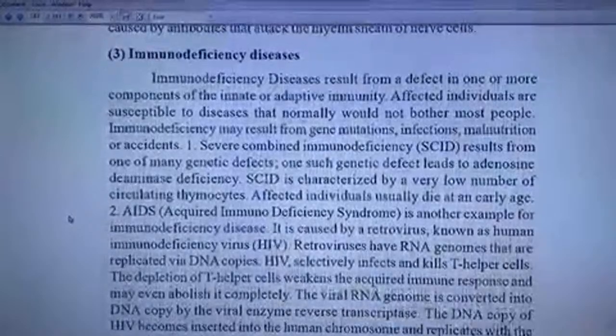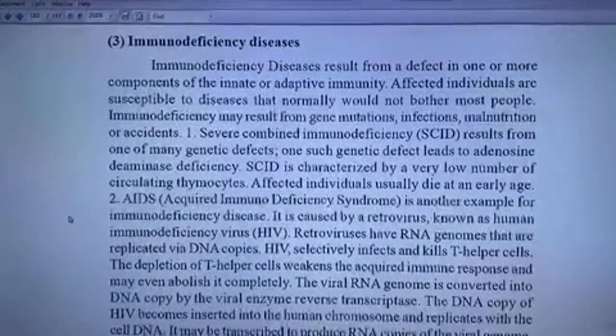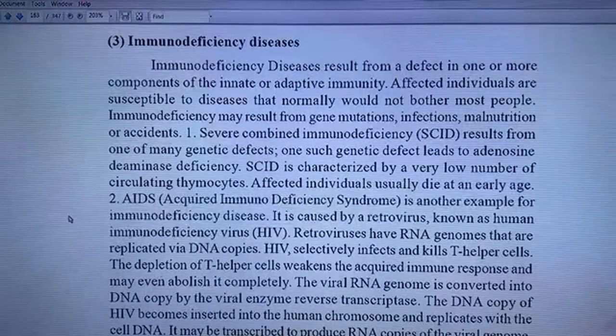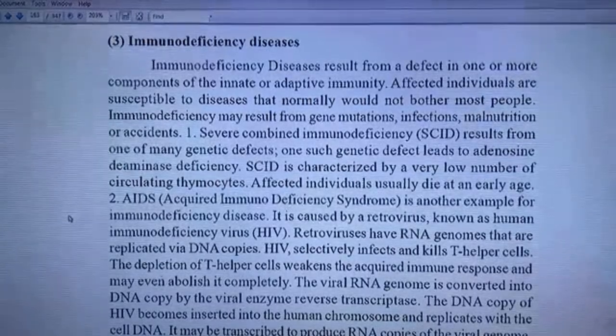Immune deficiency disease. Immune deficiency disease results from a defect in one or more components of the innate or adaptive immunity. Affected individuals are susceptible to diseases that normally would not bother most people. Immunodeficiency may result from gene mutation, infection, malnutrition, or accident.